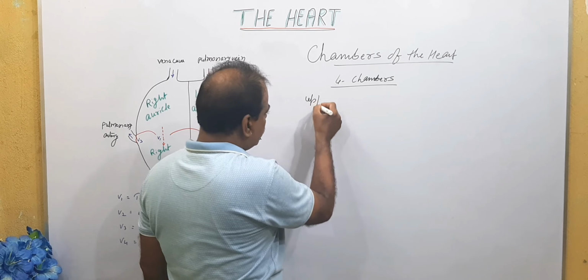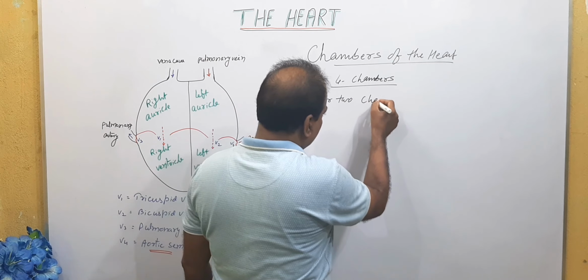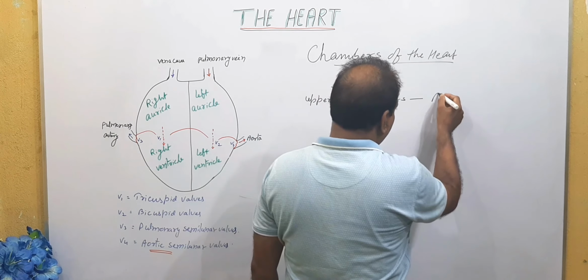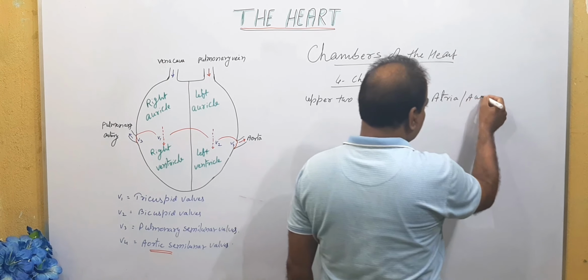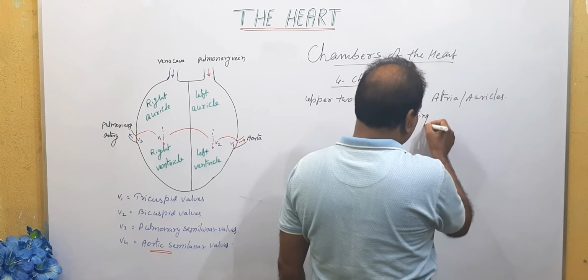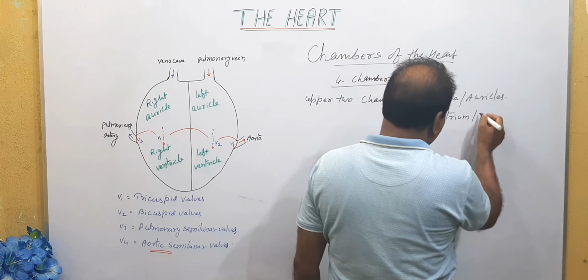So, four chambers. The upper two chambers are called atria or auricles; the singular is atrium or auricle.